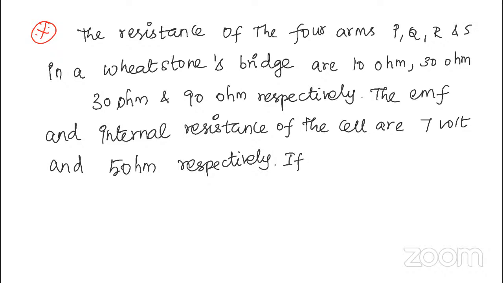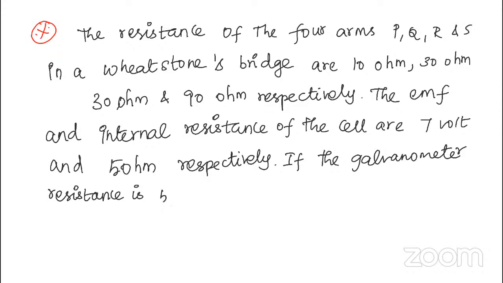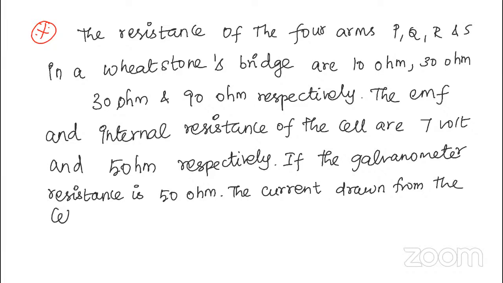If the galvanometer resistance is 50 ohm, the current drawn from the cell will be what?